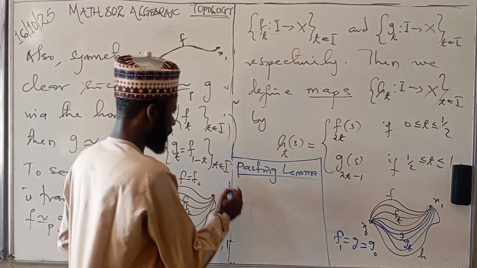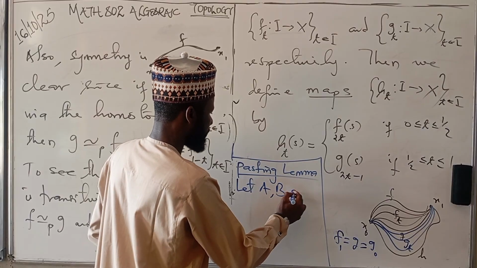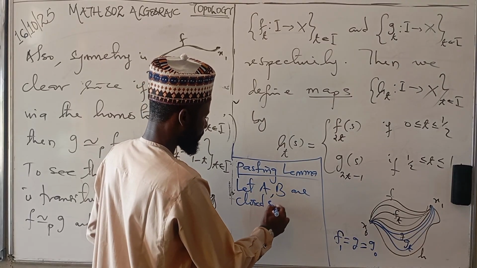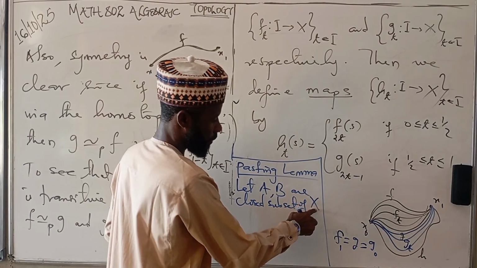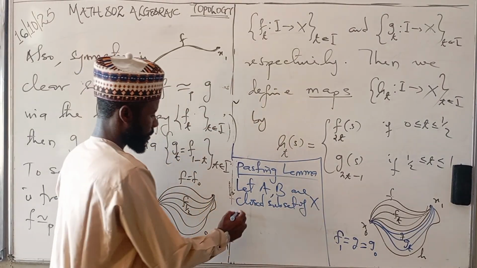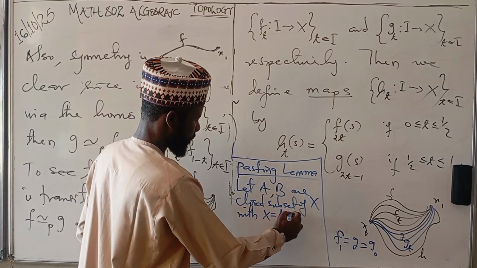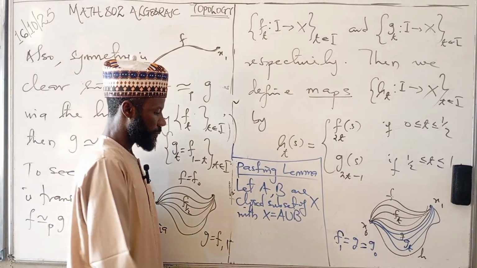So generally speaking, you state the pasting lemma as this. If A, B are closed subsets of a topological space X, with the space being the union of A and B, they don't have to be disjoint.